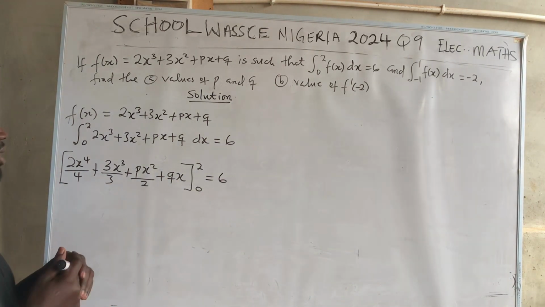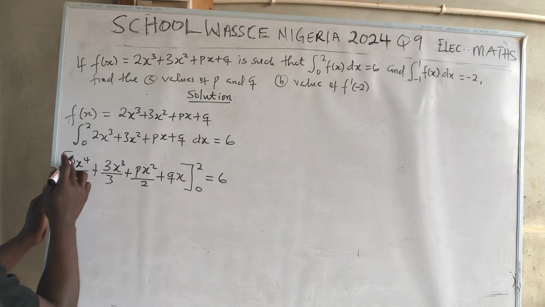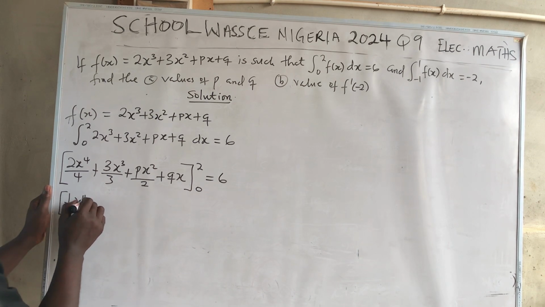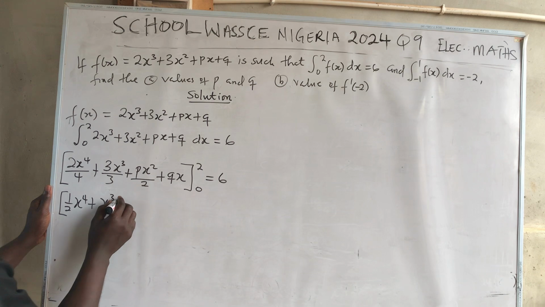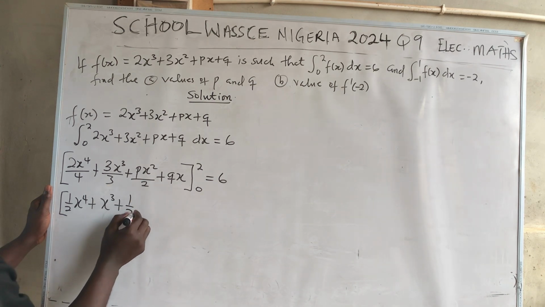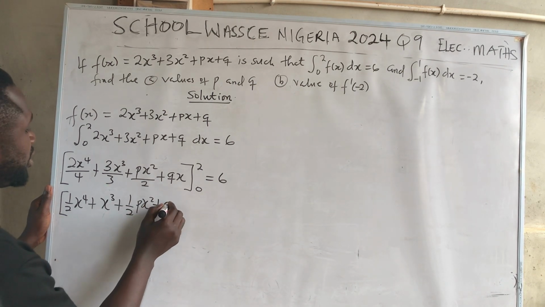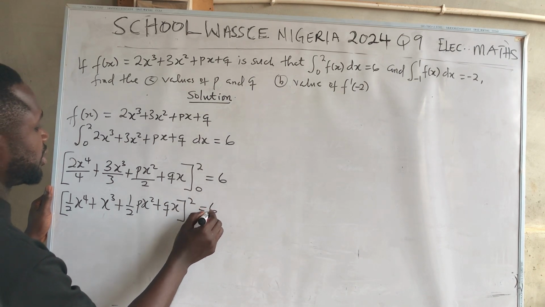So this can be written as 2 over 4 will give me 1 over 2 x exponent 4 plus 3 over 3 is 1, so x cubed, plus this is over 2, so I can say 1 over 2 px squared plus qx, with limits 2, 0 equal to 6.